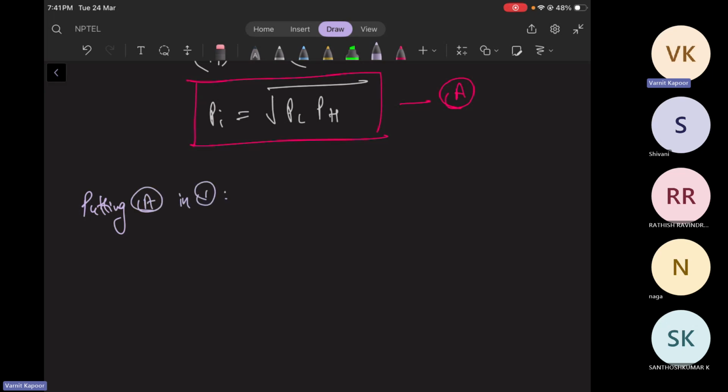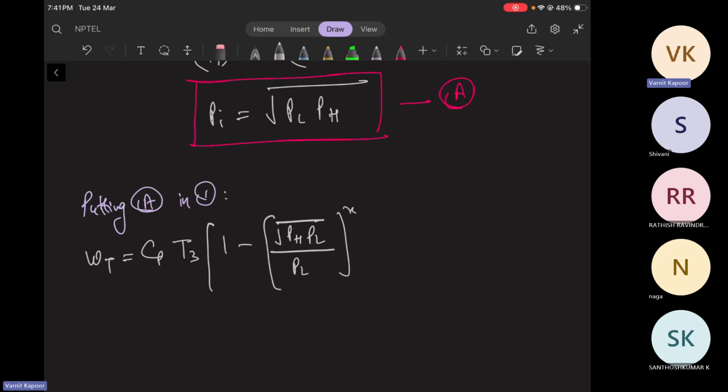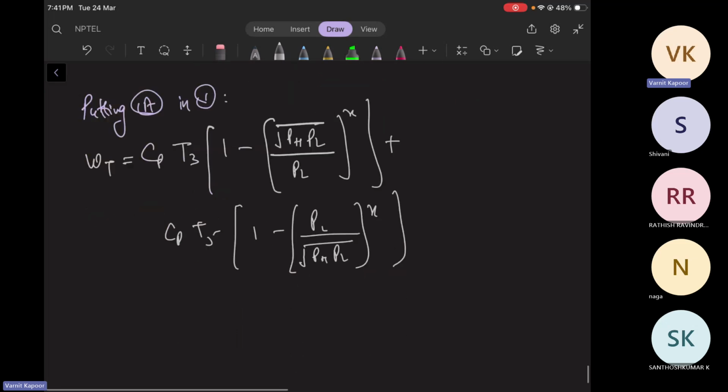you will get the work by turbine is Cp times T3 times 1 minus under root of P higher P lower by P lower, to the power of x, plus Cp times T5 times 1 minus P lower by under root of P higher P lower, to the power of x.